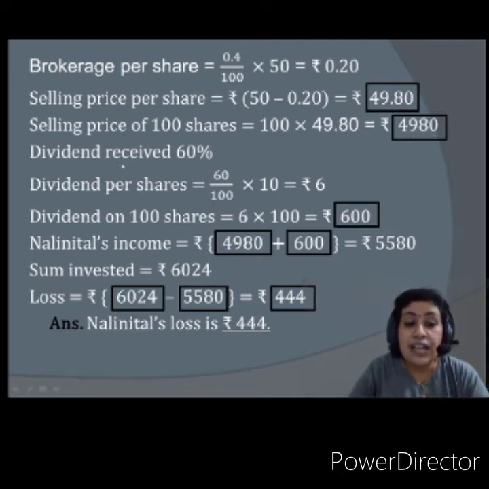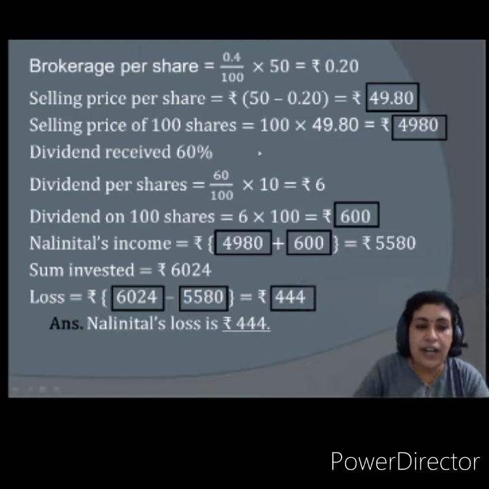Now she has received dividend of 60% on the face value. See, dividend you get on face value, not on the market value. You calculate brokerage on market value, but you get dividend on face value. Remember this, otherwise you get confused. Children make mistakes in this.